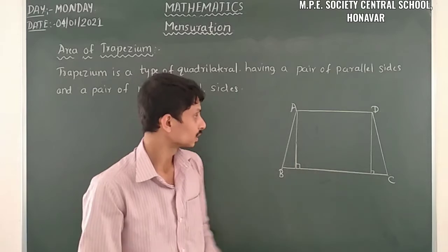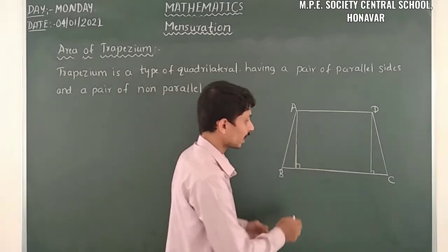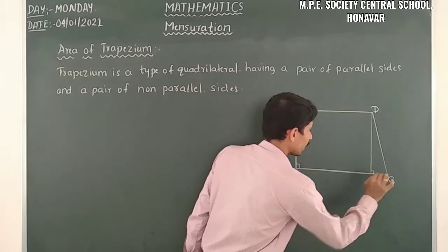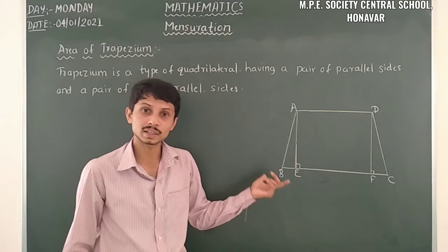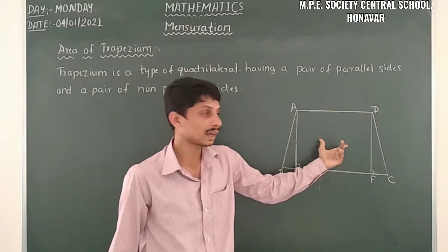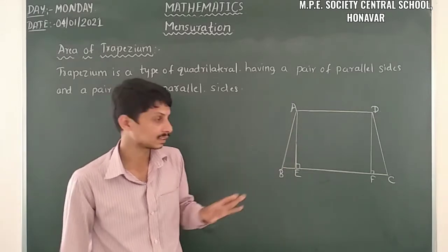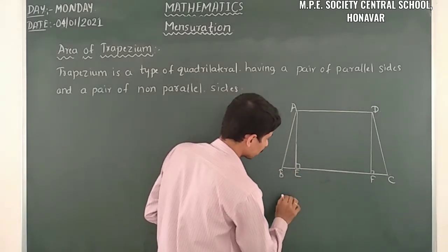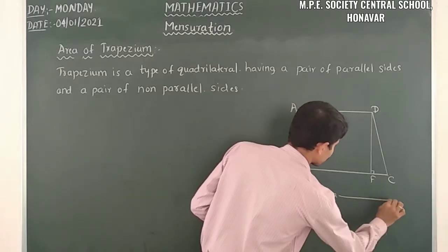We already named some points, and now I will name these as E and F. To find the area of the triangle, the rectangle and the triangle, we need some measurements.